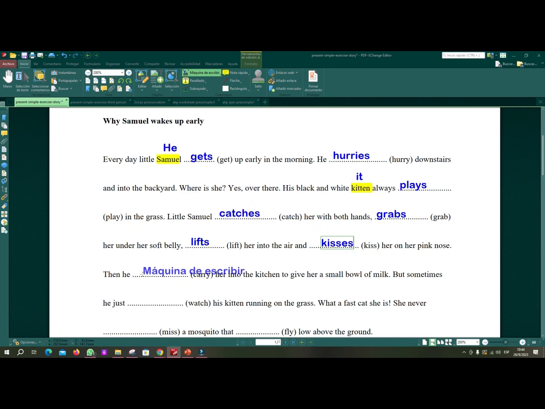Then he carry. Vean el verbo, tenemos consonante Y. Por lo tanto, le vamos a cambiar esa Y por I, ¿verdad? Y agregamos ES. So, then he carries her into the kitchen to give her a small bowl of milk.